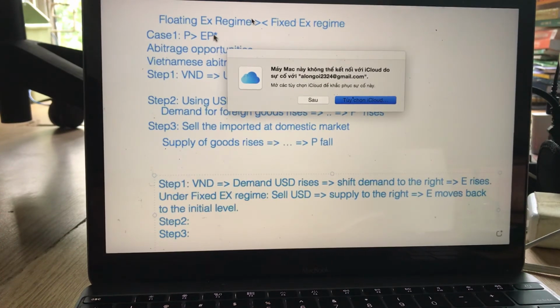But under the floating exchange rate regime, the price of the commodity and the exchange rate change, right?